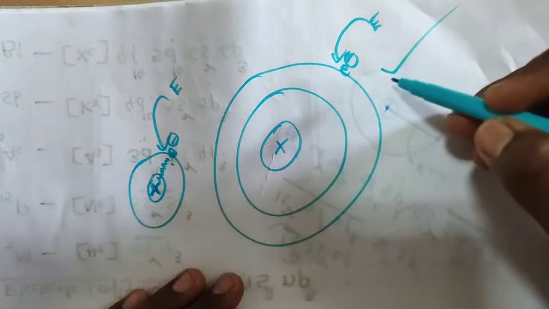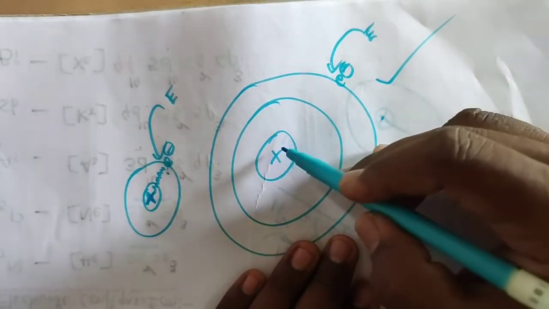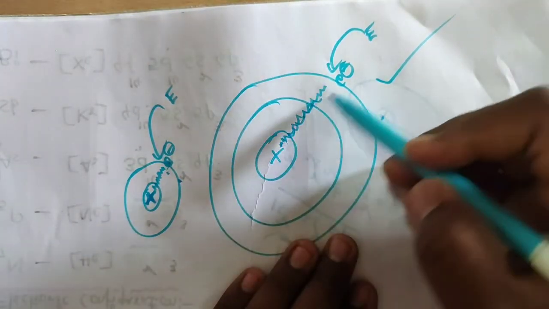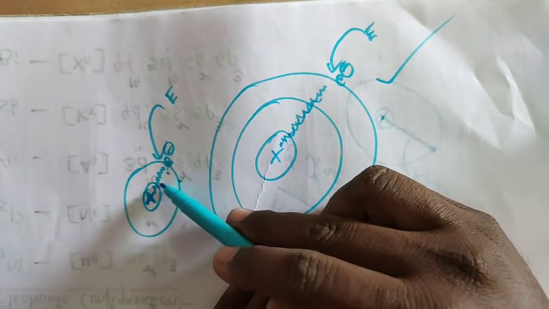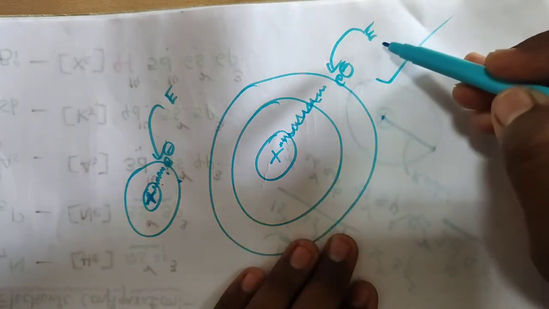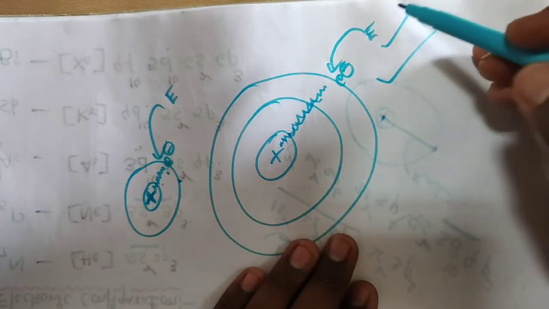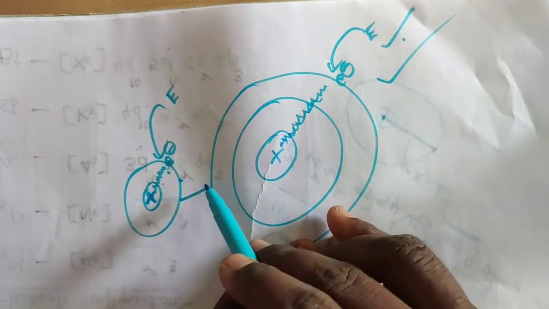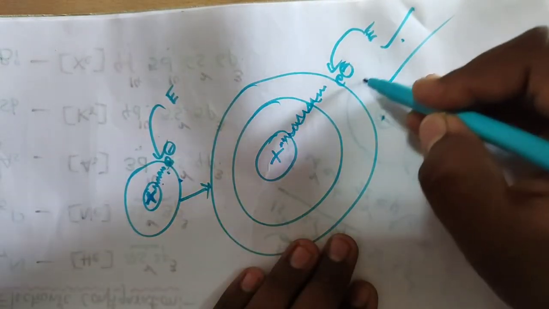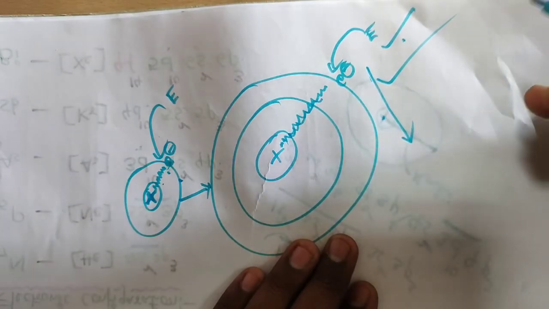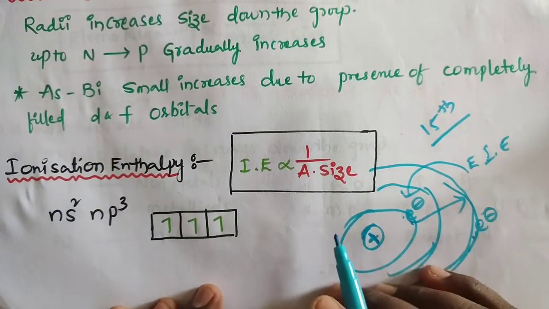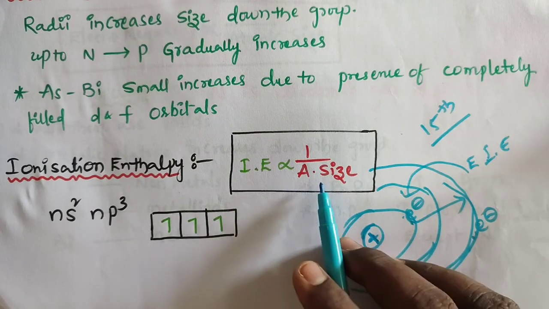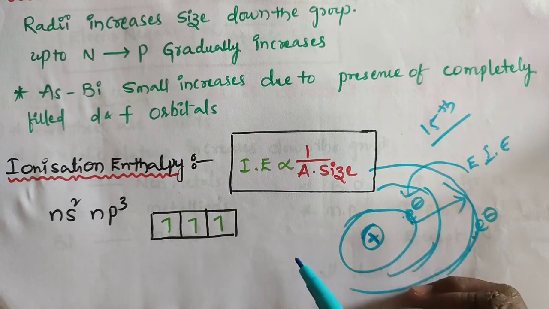In the other position, the nuclear attraction is much less; the distance is large here, small there. So the required energy is high. Which energy? Ionization energy. Due to the increase of atomic size, ionization enthalpies decrease. So there is an inverse relation between ionization enthalpy and atomic size or ionic radii.